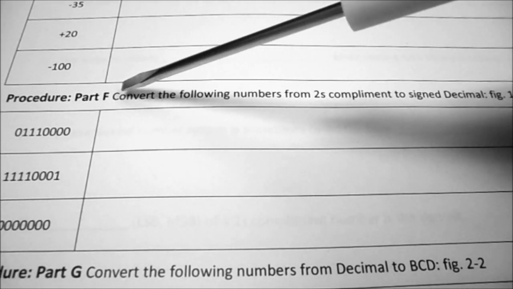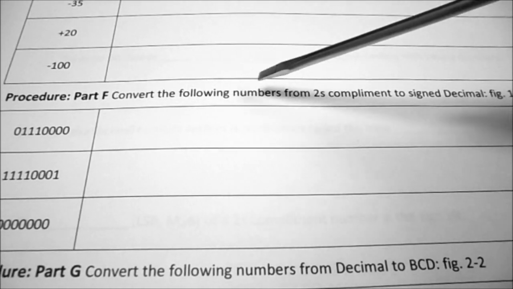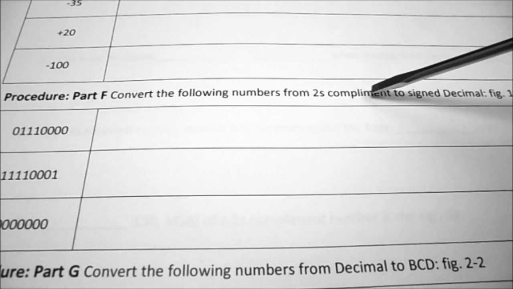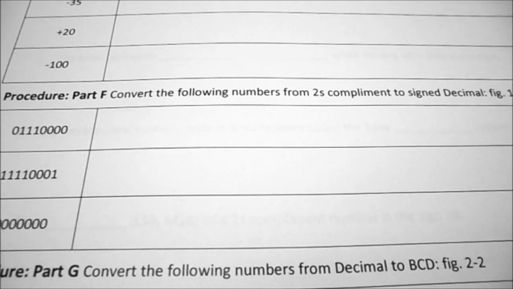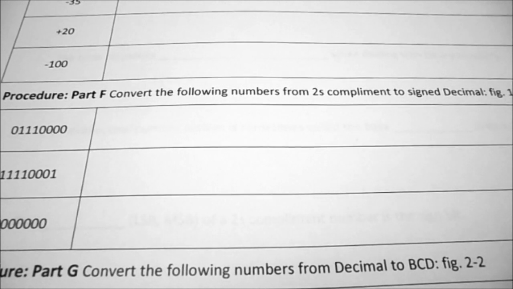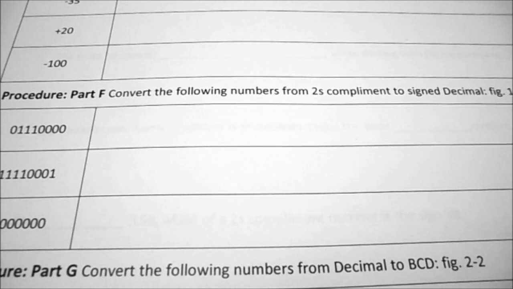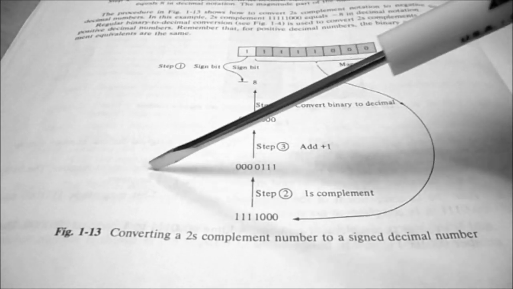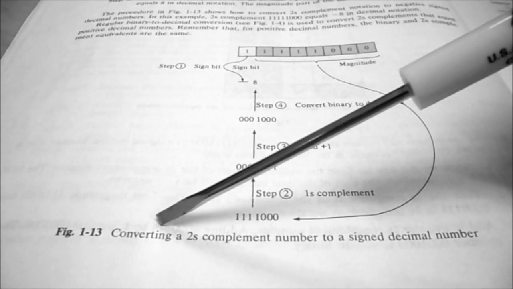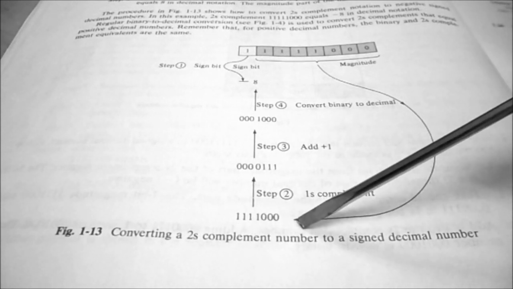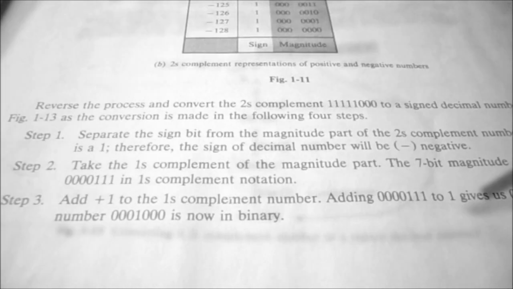Under procedure, part F, we're going to convert the following numbers from 2's complement to signed decimal. And in this case, figure 1-13 in your textbook will help you perform this conversion. So in your textbook, figure 1-13 gives you an example of converting a 2's complement number to a signed decimal number.